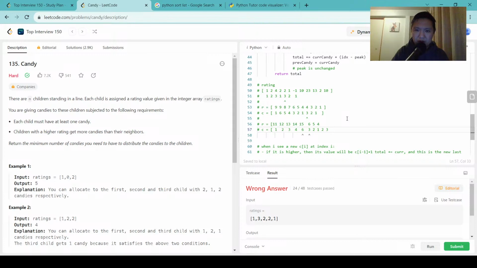Wait, there can be only one sharp drop, right? Can there be more than one sharp drop? I think so. There might be a way to do.